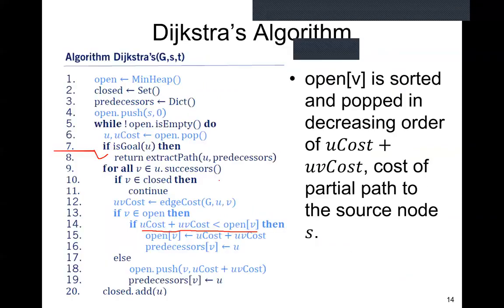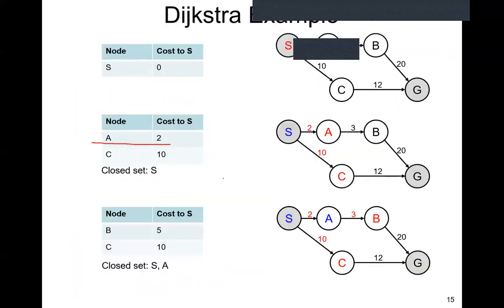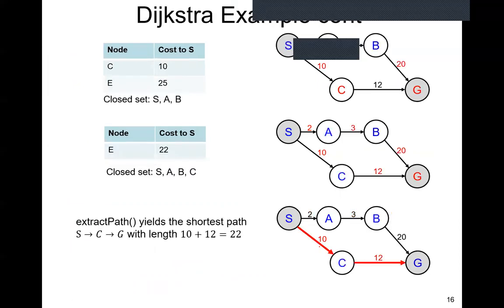So in this pseudocode, the pop is based on a sorted list based on sorting by cost to the origin, to the source. And then you expand B, you find out the cost to the source is 5. Now S and A are both closed.